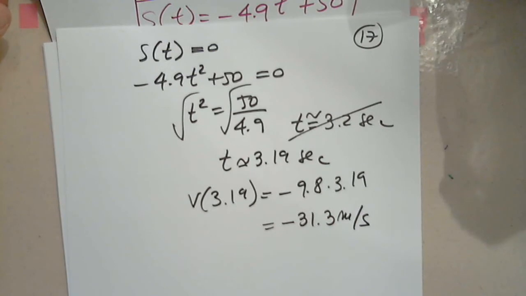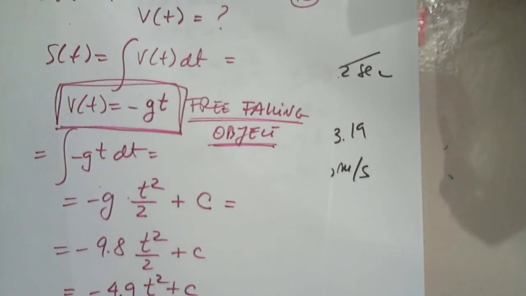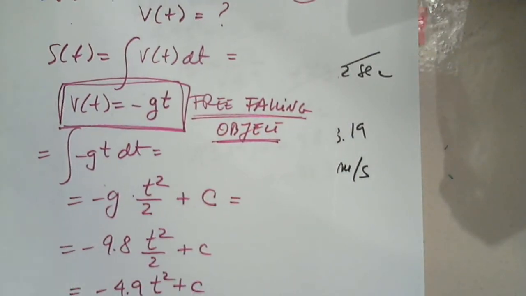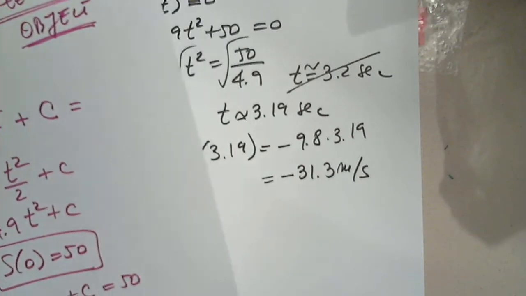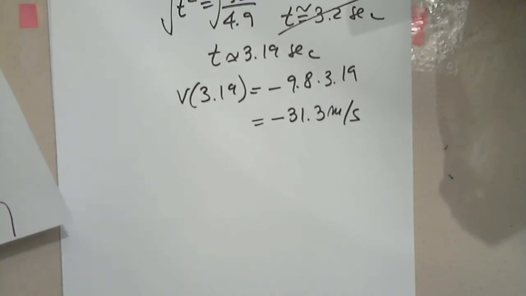Okay, if the stone is thrown downward with a speed, so now it's not a free falling situation. It has a speed, okay? So what is your speed so I can use your speed, Brian?